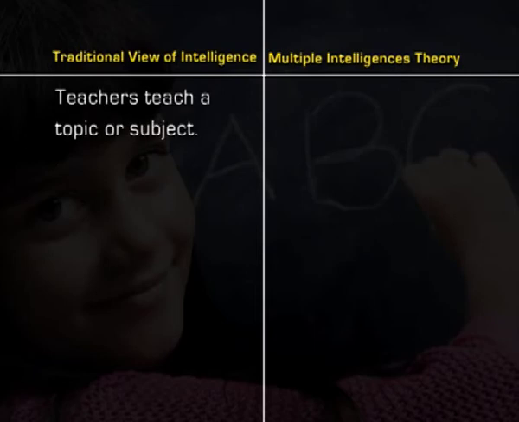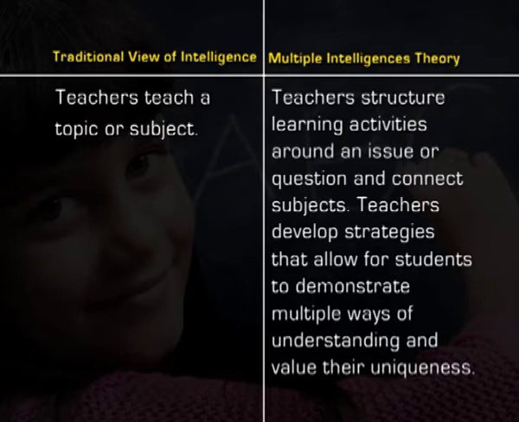Traditionally, teachers teach a topic or subject. In MI, teachers structure learning activities around an issue or question that connects subjects. Teachers develop strategies that allow students to demonstrate multiple ways of understanding and value their uniqueness.